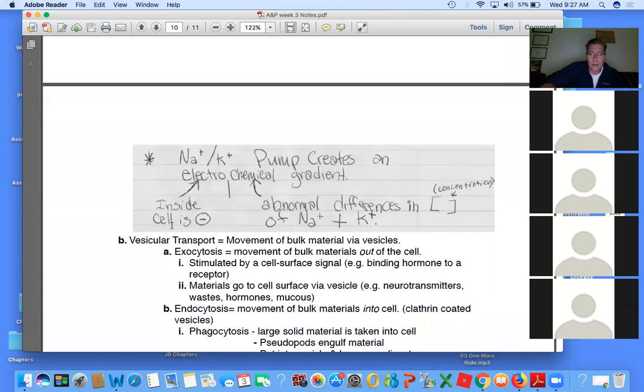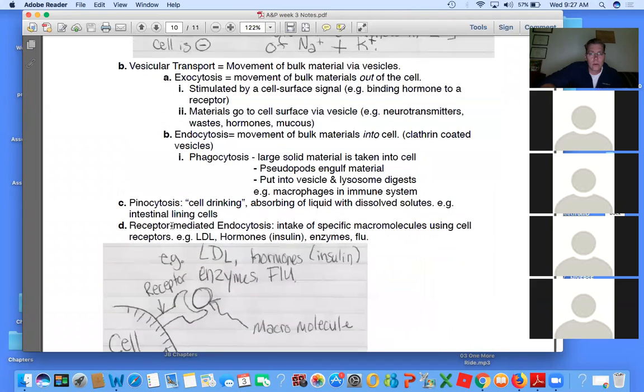Now, moving along, we're on to bulk movement within the cell. How do we move big stuff in the cell? Figure 3.27 shows the movement through exocytosis and endocytosis. Exocytosis is the bulk movement of materials out of a cell, where materials go into a vacuole.